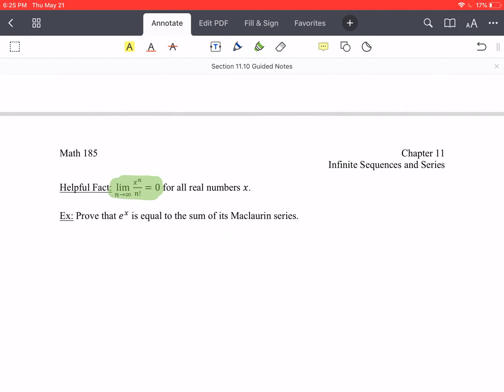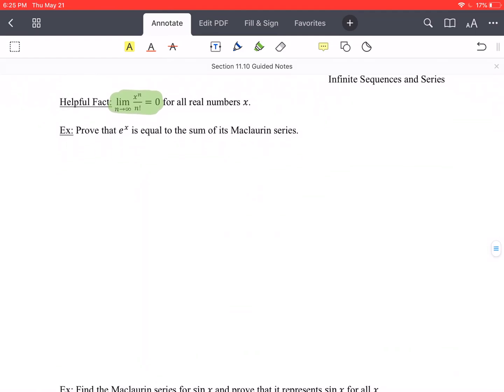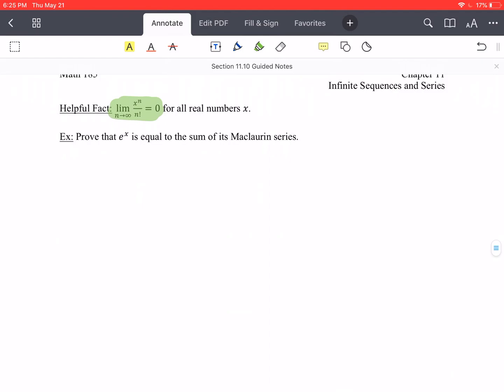All right, so let's look at this proof here. Prove that e to the x is equal to the sum of its Maclaurin series. We already found what its Maclaurin series was, but now we're actually going to prove that e to the x is equal to the sum of its Maclaurin series.